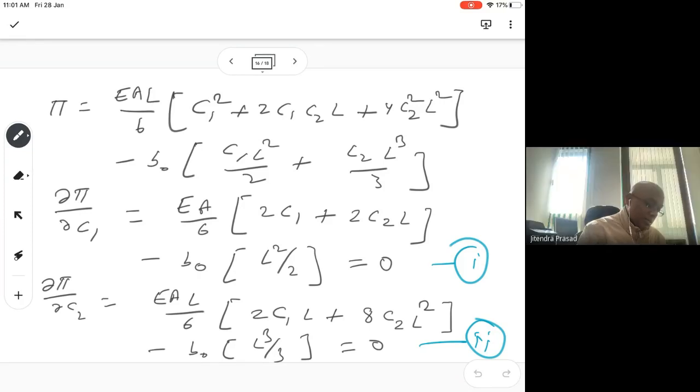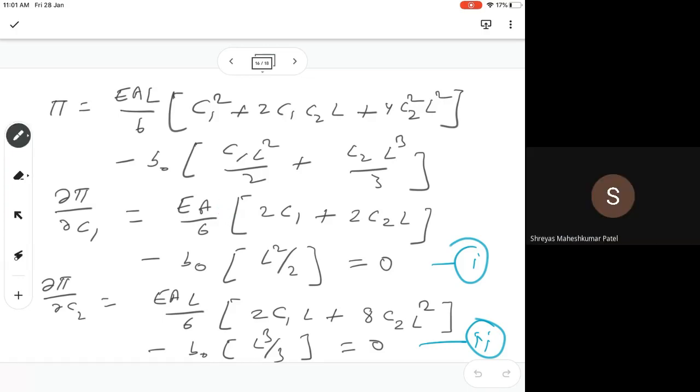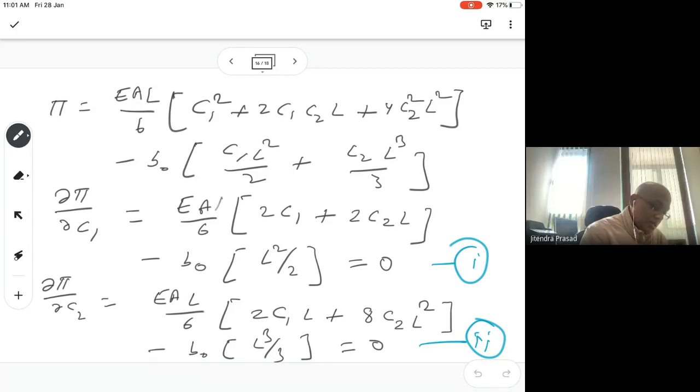Yeah. So just a minute. In both of them it is like this, right? So we missed here also. Equation 1. Yes, we missed here. EAL over 6.